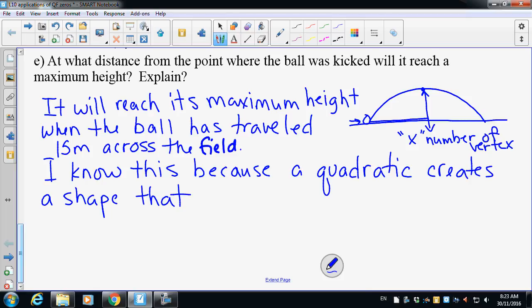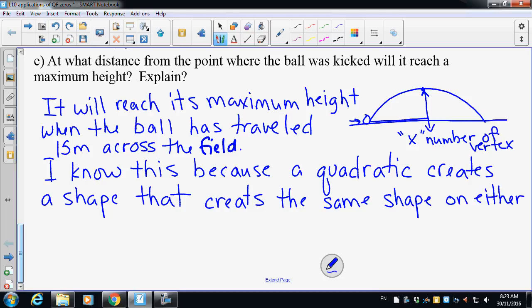So a quadratic is a shape that creates the same shape on either side of the vertex. So this means that the vertex is in the middle of the graph, or in this case, the middle of the x-intercepts.